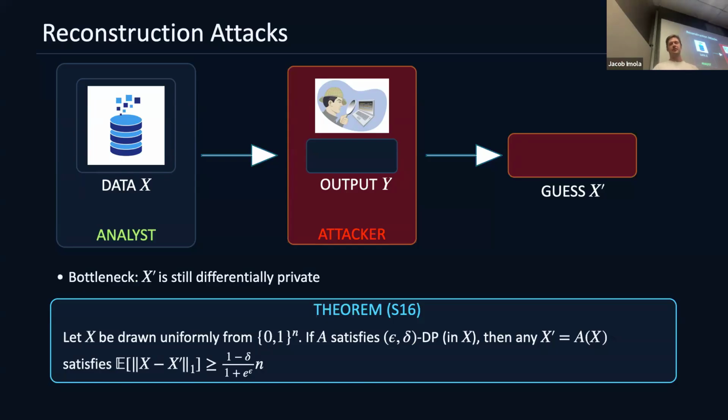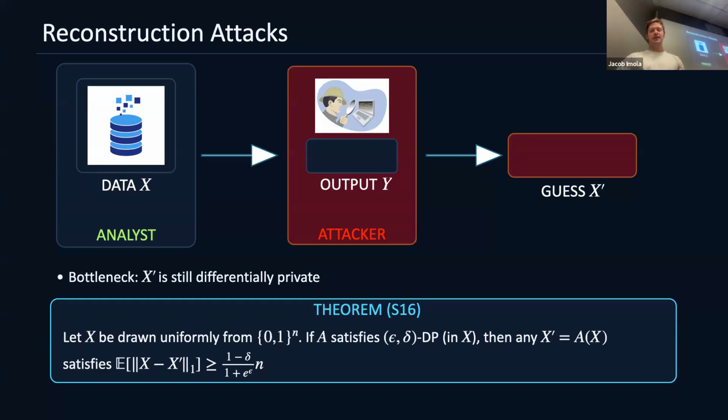And so the reconstruction attack from this setup is that you can actually just view this process that guesses X prime given X as a differentially private algorithm itself. So if you have some data set X, and for now we're going to have a binary data set, if X is drawn uniformly from {0,1}^n, and it helps to add randomness to X just so this result is cleaner.